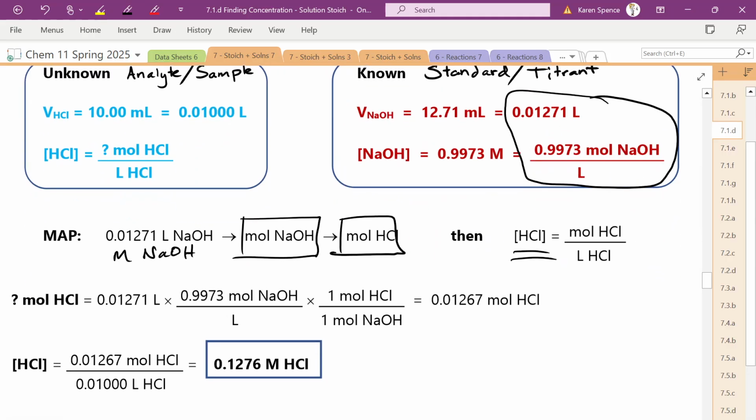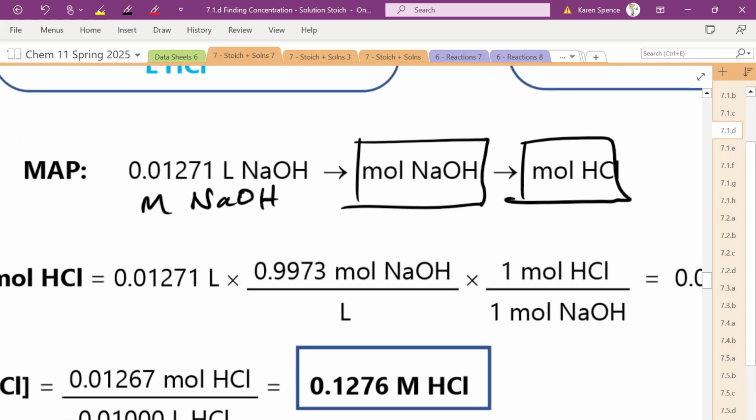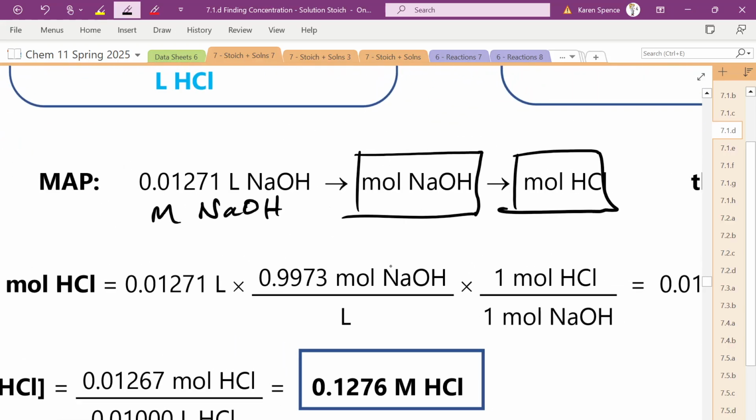So what that looks like then is 12.71 milliliters, that's 0.01271 liters, times, don't forget when you have molarity, you have to write moles of NaOH. We want to cancel moles of NaOH and find moles of HCl.